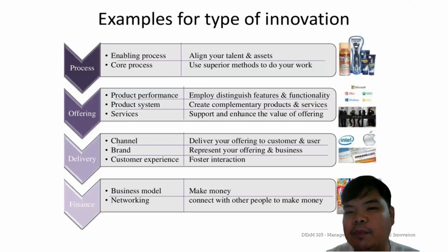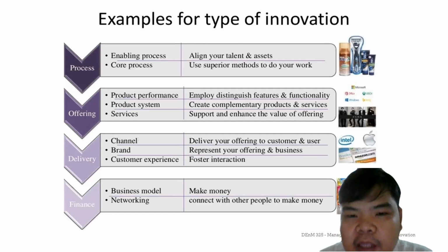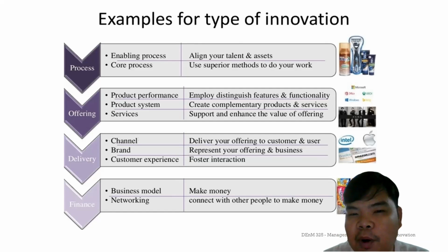This is an example of the types of innovation, starting from process, offering, delivery, then finance. When we say process, this would be innovation related to process, like enabling process and core process, where you align a certain talent and use superior methods to do your work.